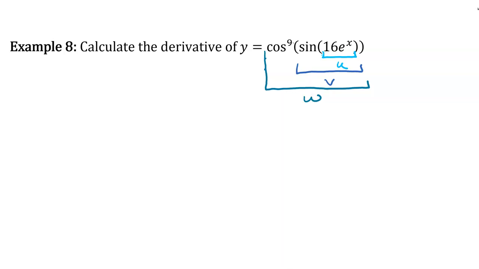So let's write this. Let's see here. So we would have the y part, that would be w to the 9th for y.